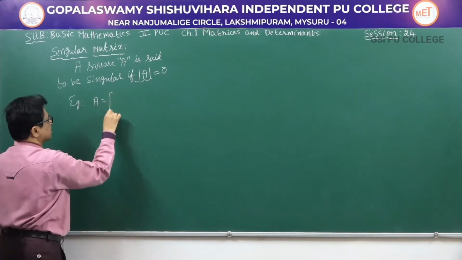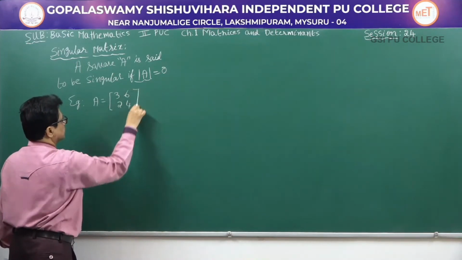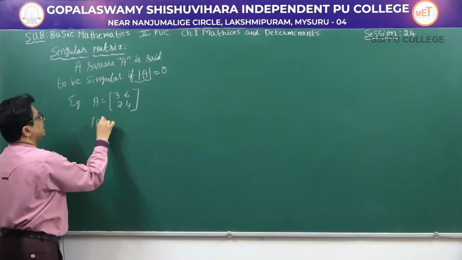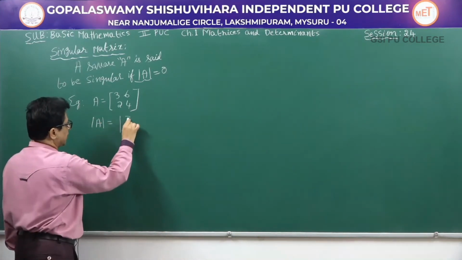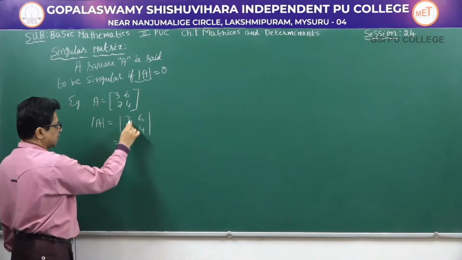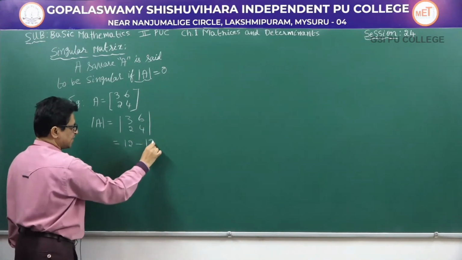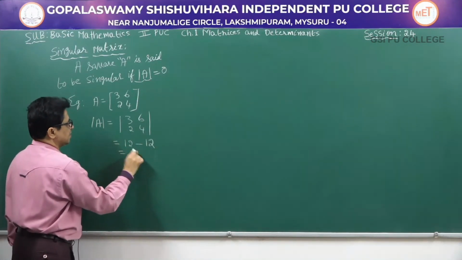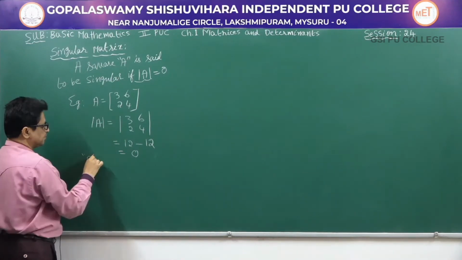Example, A equals 3, 6, 2, 4. Let us find the determinant of the given matrix. So, determinant of 3, 6, 2, 4 will be equal to 3 4s are 12 minus 2 into 6, 12, which will be equal to 0. Therefore, what we can say about this matrix?